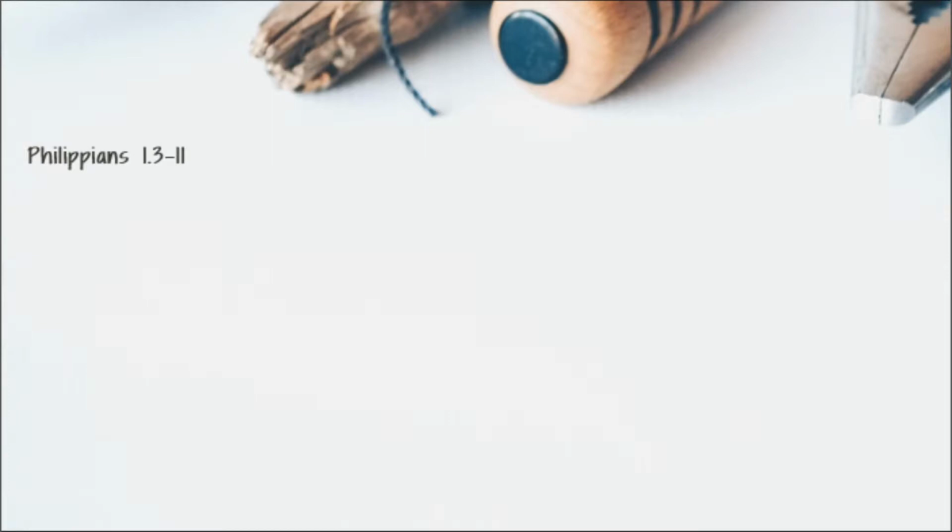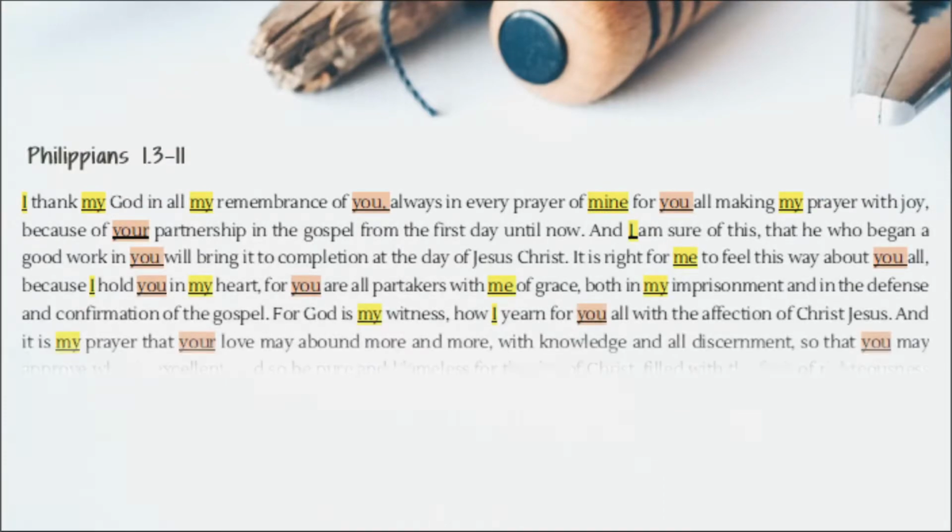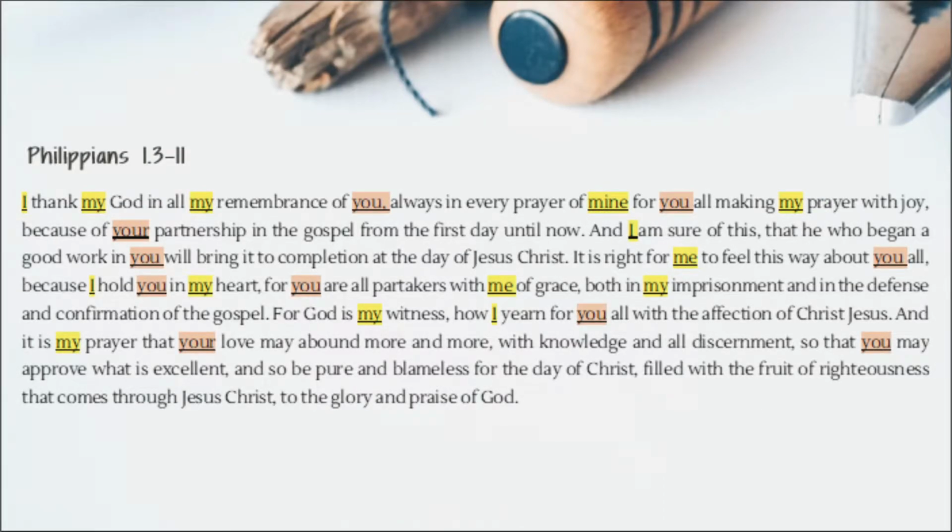The pronoun that would be under I, and then you. This text is a prayer from Paul to the Philippian church. So I have everything in yellow that are the pronouns for himself. I, my, mine, me, right, in yellow. And then in the other color, I have you and your. So anything that would be them.